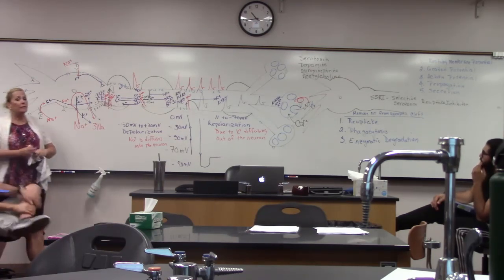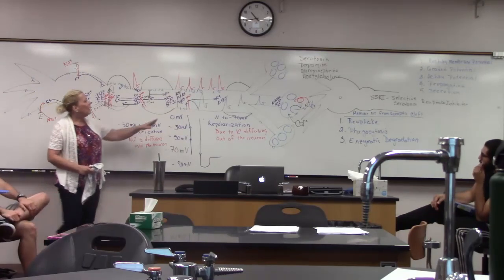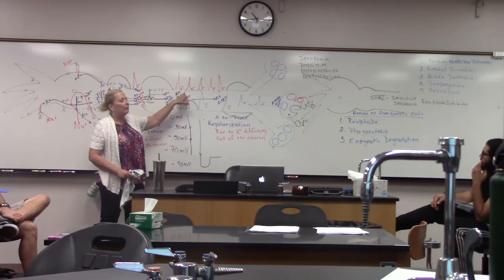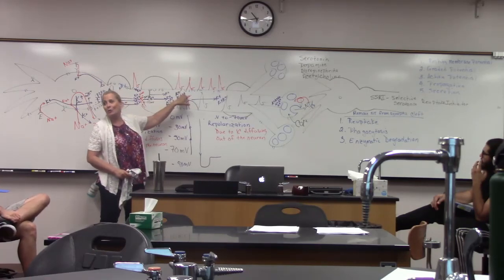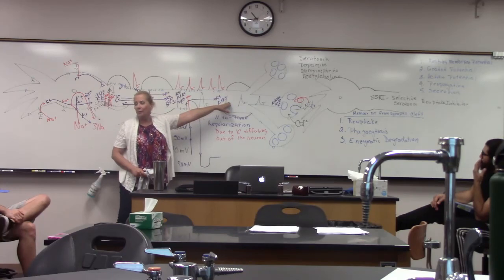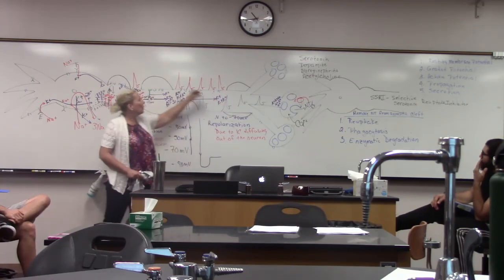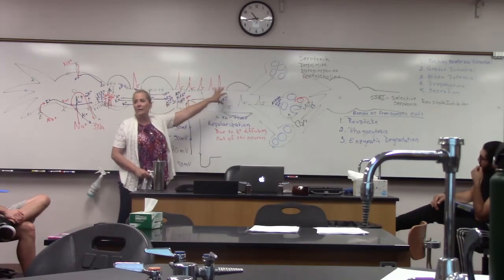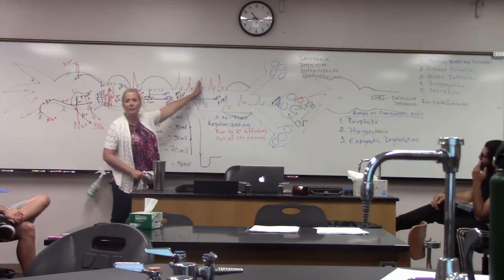Now, one of the other things that happens for them too is in this area where there used to be myelin, the voltage regulated gates also start to disappear. So over time, the voltage regulated gates aren't even there, so they won't be able to have action potentials where the myelin used to be. So as soon as that myelin is gone, this area would stop having action potentials.